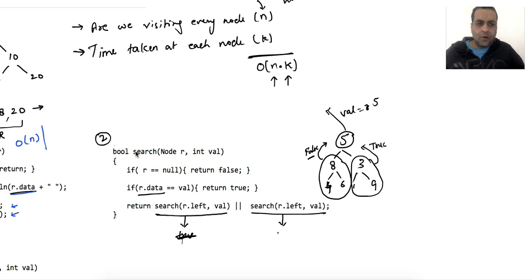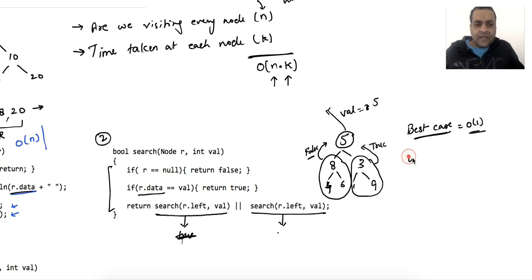The function will not be called for left and right subtree. So in the best case, when data is at the root, the function is called only once, so we will take time equal to only one function call, and in one function call we are taking constant time. So total time taken is constant. So this is the best case.